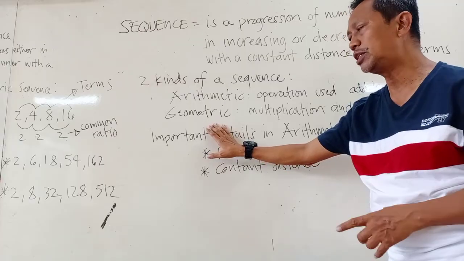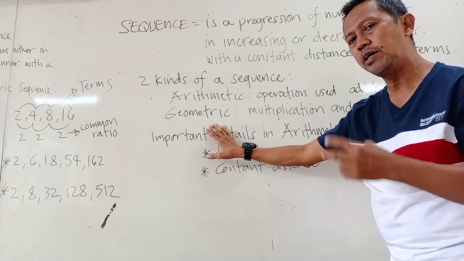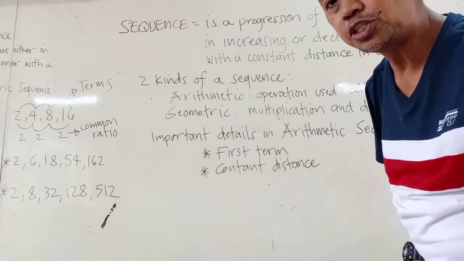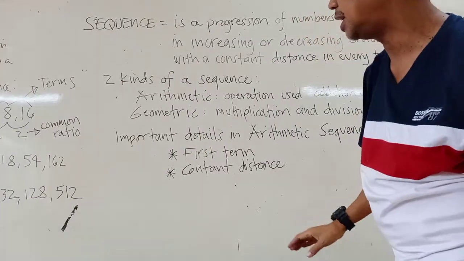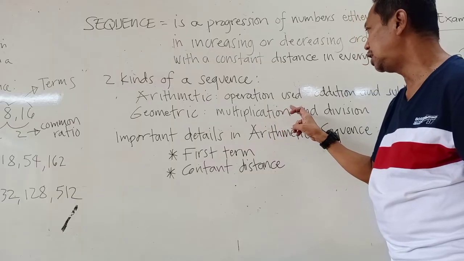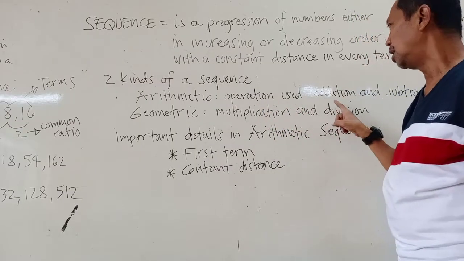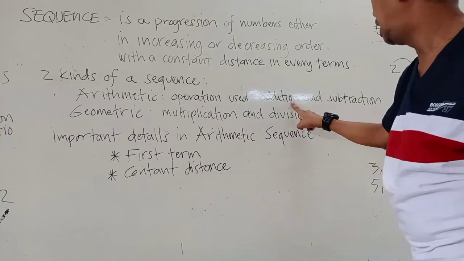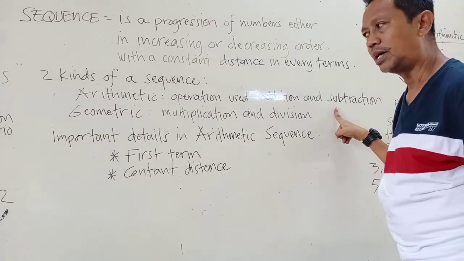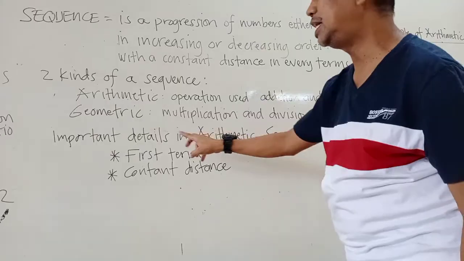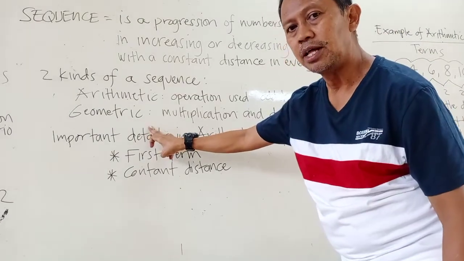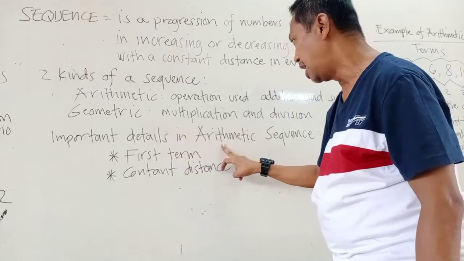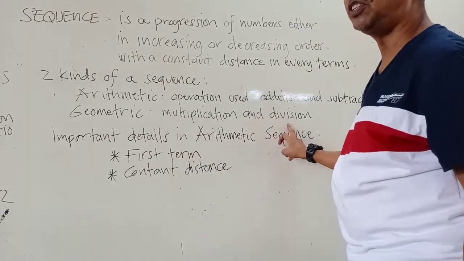Whenever you encounter arithmetic, take note of the operation. The operations used in arithmetic are always addition and subtraction. In a geometric sequence, they use the operations of multiplication as well as division.